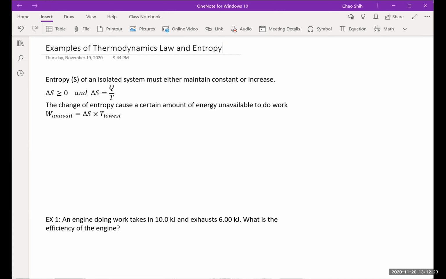And the first law of thermodynamics is the conservation of work and energy. Then we know if you change the internal energy of an object, then it's due to heat or due to work. You can have both, you can have only one. It depends on the process. One of the important topics is the isothermal process.